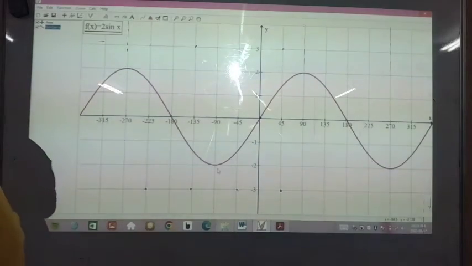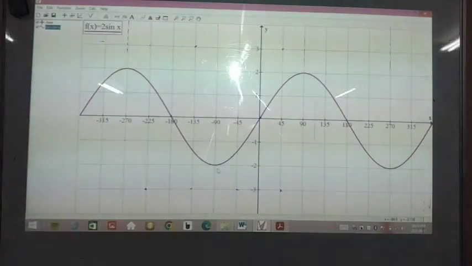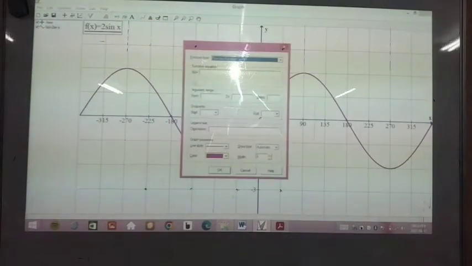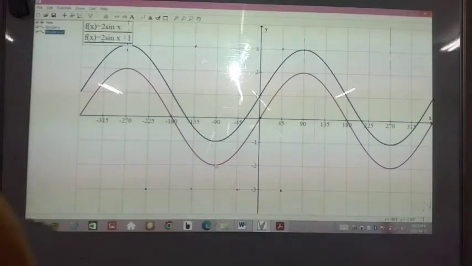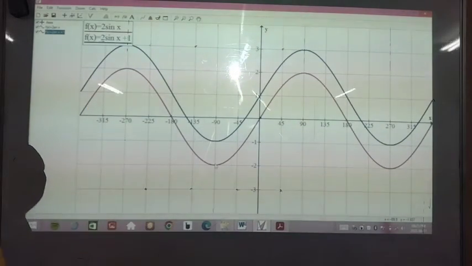So let's do the graph of y is equal to 2 sine x plus 1. All right, so here we are. The blue one is the graph of y is equal to 2 sine x plus 1.